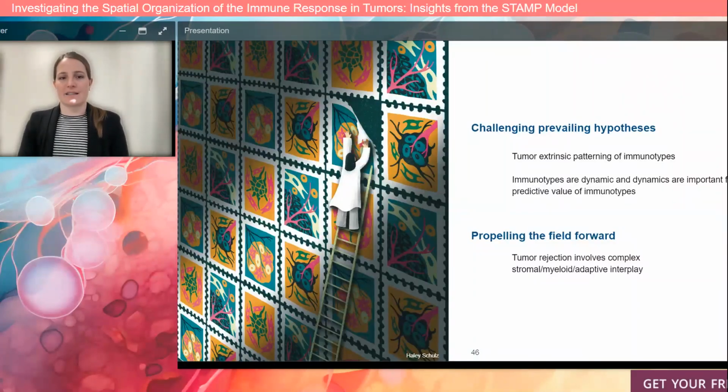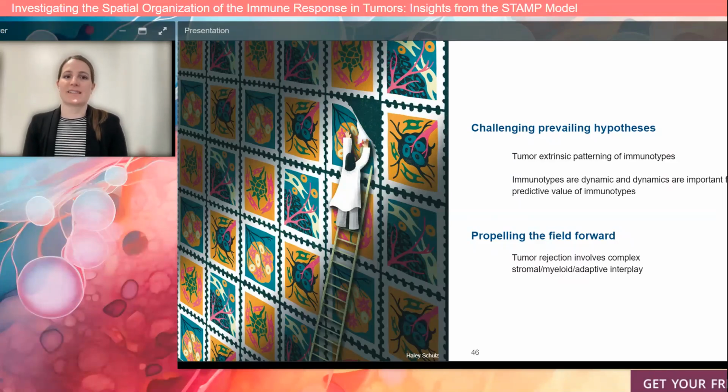And so just to summarize here the importance of this work, I think at the conclusion of this project, we made 3 key contributions to the field. So first, our work challenged the idea that immunotype is a stable characteristic of a tumor written in stone in the mutational landscape. Both in that the microenvironment appears to play such an important role in patterning immunotype, and also that the immunotype of a tumor can change over time.